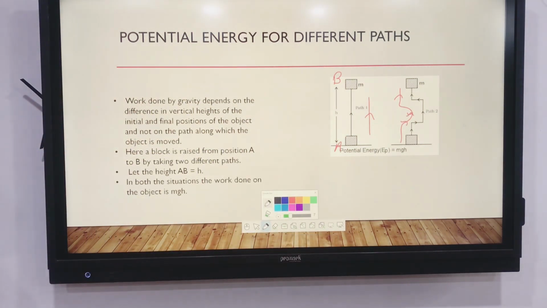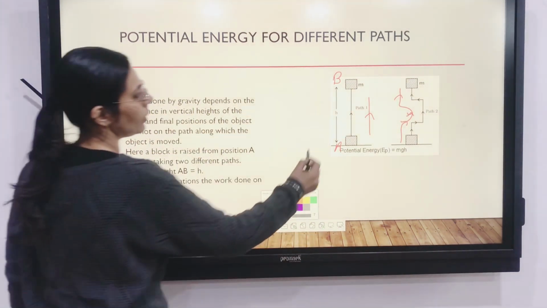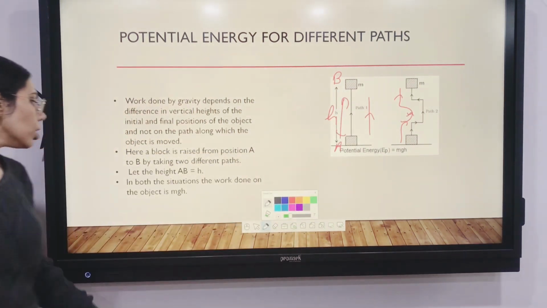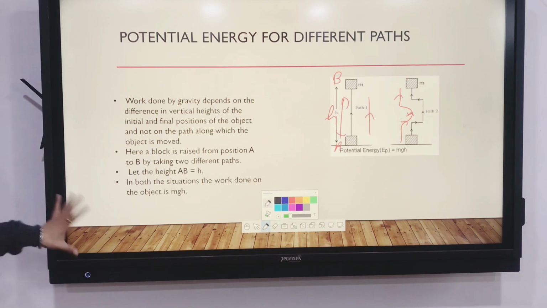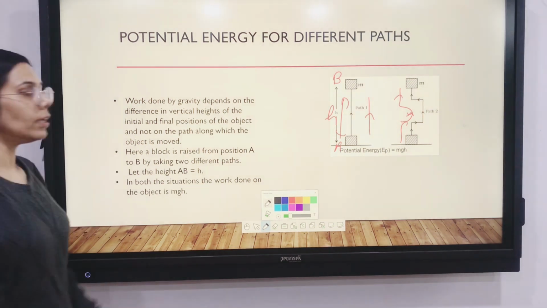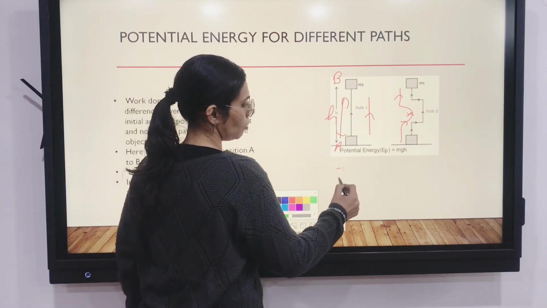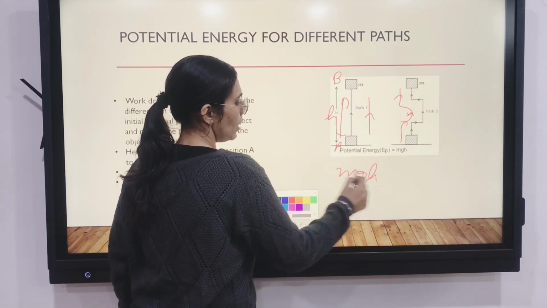Let the height AB be h, as given in the picture. In both situations, irrespective of the path, the work done on the object will always be equivalent to the potential energy, that is mgh.